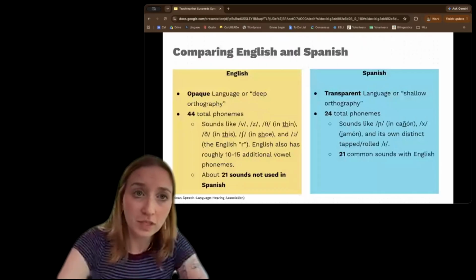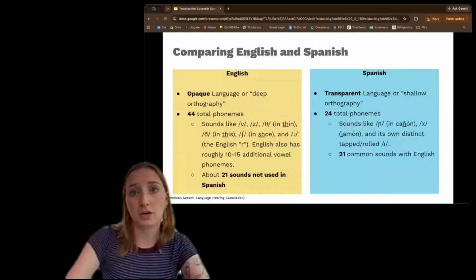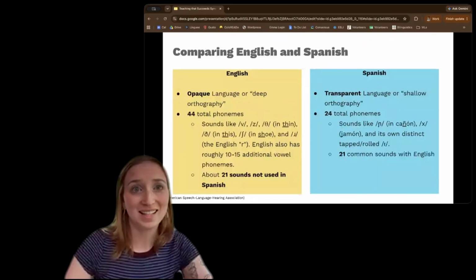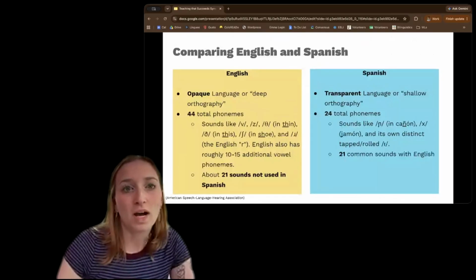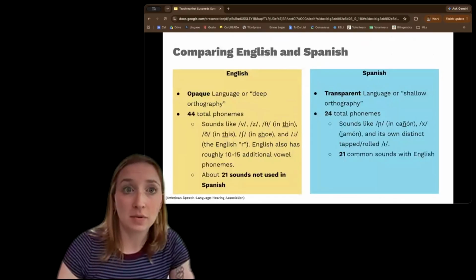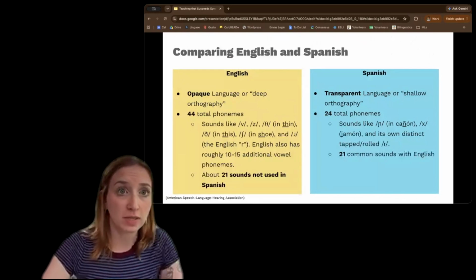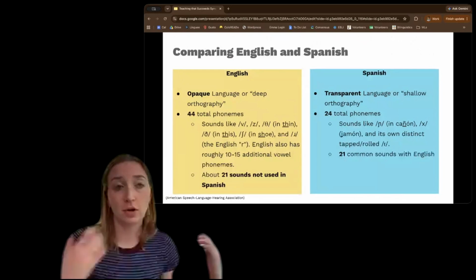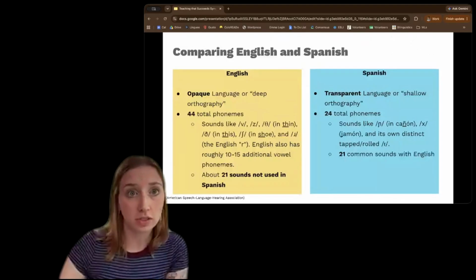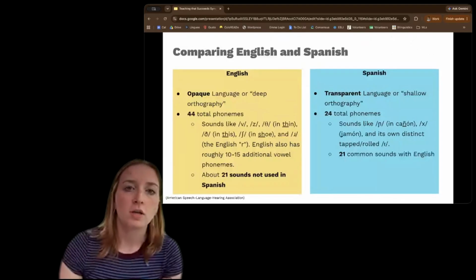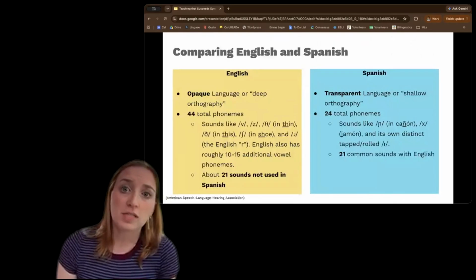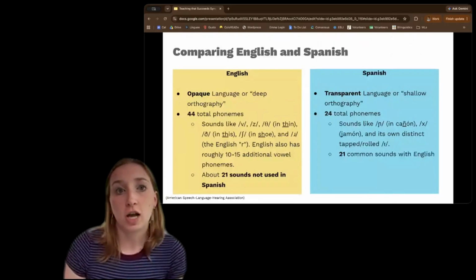So for those of you who aren't familiar, I want to ground us a little bit in, as today is all about the science of learning, what is the same and what is different between Spanish and English, because understanding what makes students' home language similar or different to English is really crucial to helping them to acquire English. So first of all, Spanish and many other languages of the world have what's called a transparent or a shallow orthography.